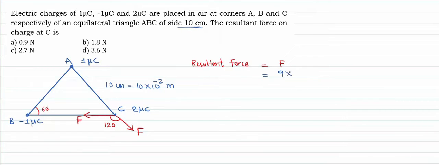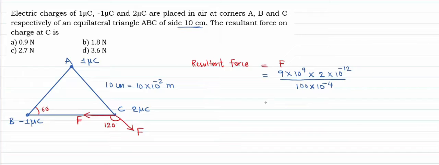Now calculate F, the force between two charges: 9 into 10 raised to 9, Q1 into Q2, which is 1 into 2, both micro, so 10 raised to minus 12, divided by R square. R is 10 into 10 raised to minus 2, so R square is 100 into 10 raised to minus 4.